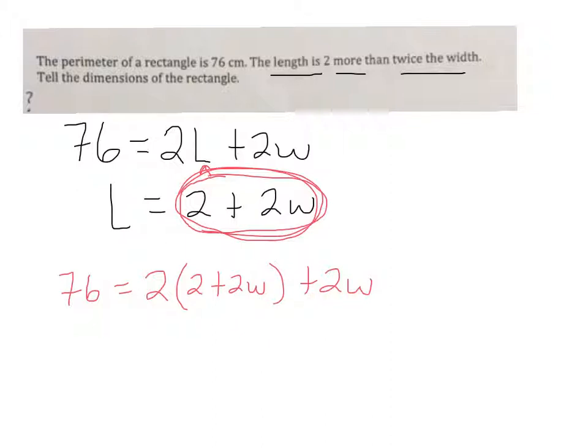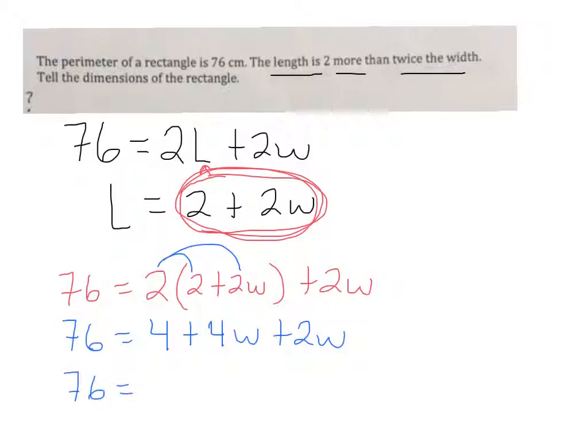Yeah, so I can solve it, right? And so I've got 76 equals, and I'm going to distribute this to 4 plus 4W plus 2W. Right? And so I have 76 equals 4 plus 6W.